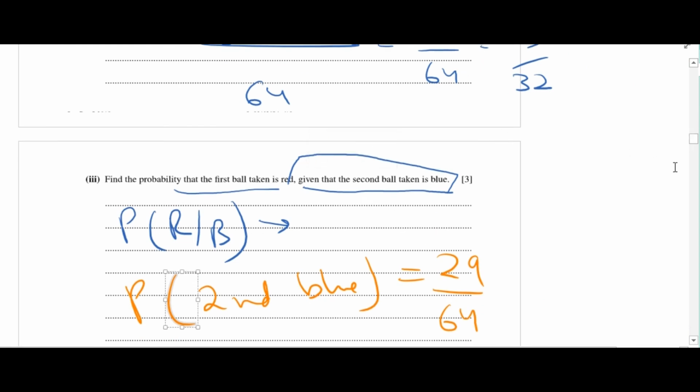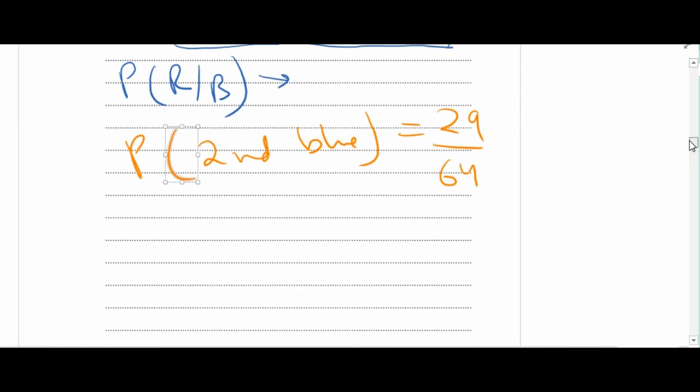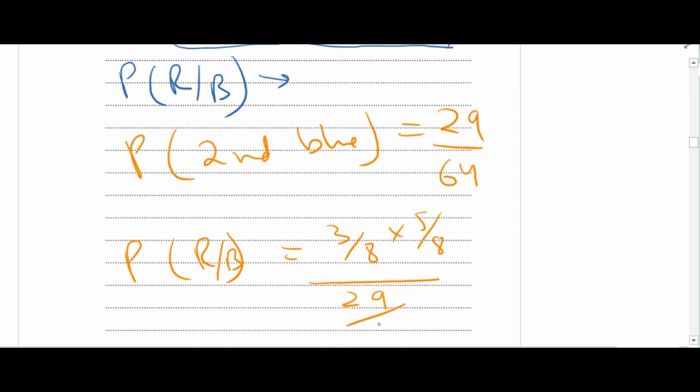This whole is the probability of getting the first ball red and the second blue: 3 by 8 into 5 by 8. So the probability of getting the first red ball, given that the second is blue, is 3 by 8 into 5 by 8, divided by the probability of getting the second ball blue only, which is 35 by 64.